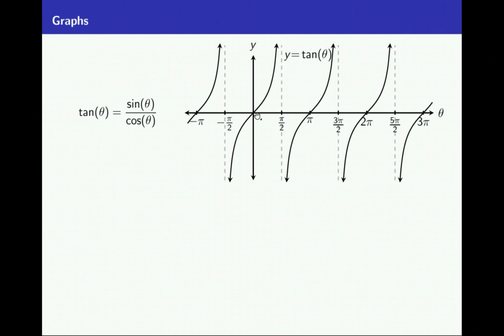Now as x gets closer and closer to pi over 2, sine of theta gets closer and closer to 1, but cosine theta gets closer and closer to 0. So this fraction, this ratio, is going to get bigger and bigger and bigger as the bottom gets closer and closer to 0. So the graph of tangent goes up to infinity, and you get a vertical asymptote right here at pi over 2. And that same pattern is repeated in multiples of pi.